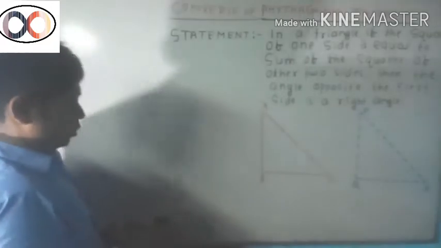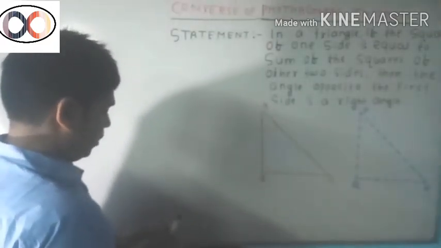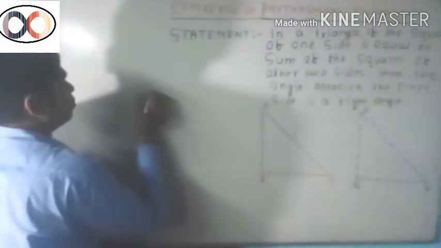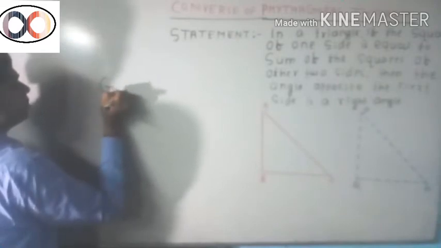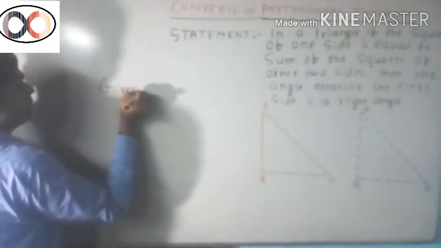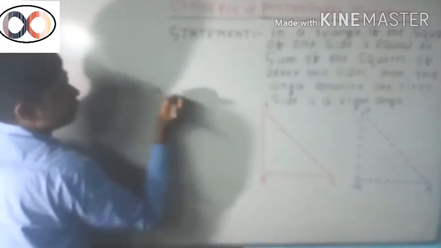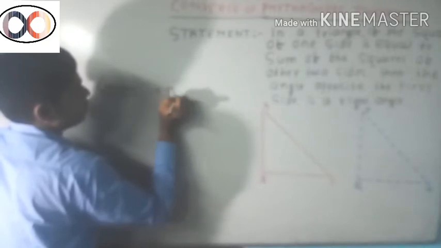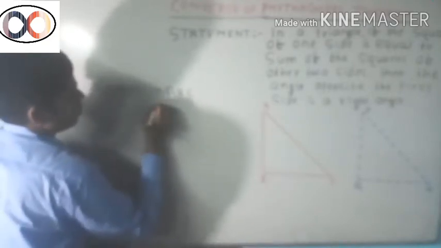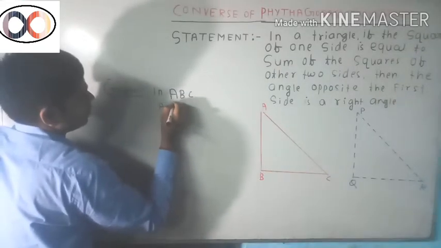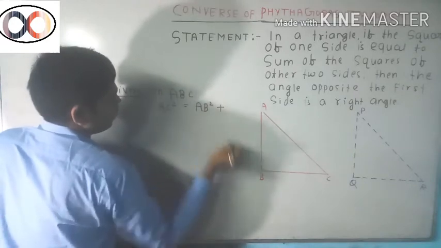First of all, we can write the given part. What is given here? In triangle ABC, AC square equals AB square plus BC square.